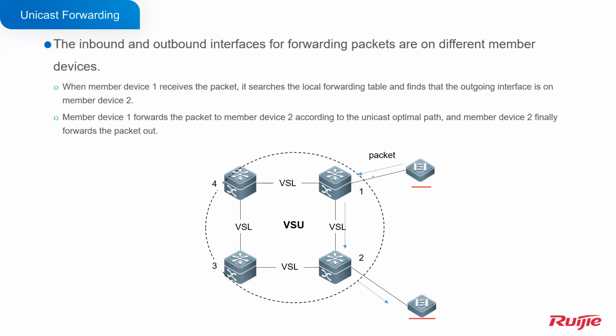But internally, the inbound interface and outbound interface are located on different switches. So once switch 1 receives a message, according to the forwarding table, it will directly forward the message to switch 2. And when switch 2 receives it, it will directly forward the message out. So this is the basics of the forwarding table.